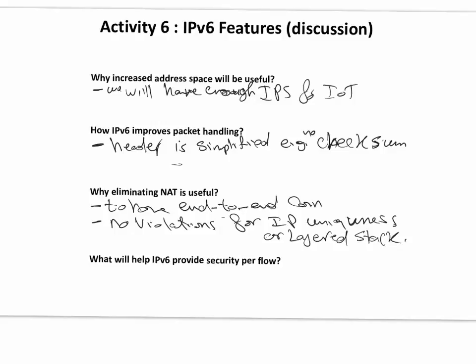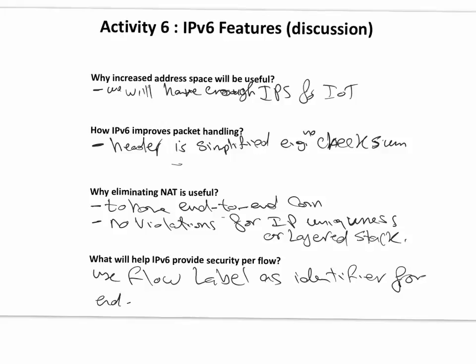I can also use this flow label as an identifier for end-to-end connectivity, and this way I can use it as a key, or something to identify the end-to-end flow.